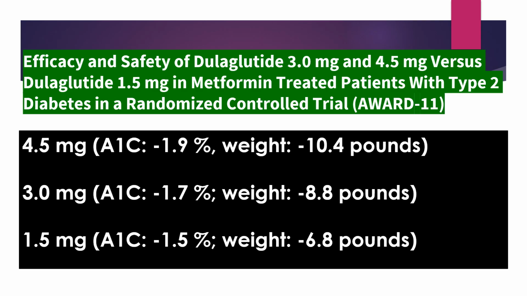The third type of trials evaluated the efficacy and safety of 3 mg and 4.5 mg dulaglutide versus 1.5 mg in patients with type 2 diabetes who are inadequately controlled with metformin, like the AWARD 11 trial, which showed improved glycemic control and body weight reduction compared with patients taking dulaglutide 1.5 mg at 36 weeks.